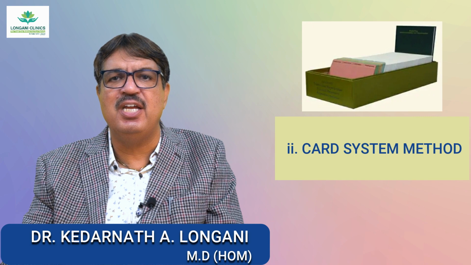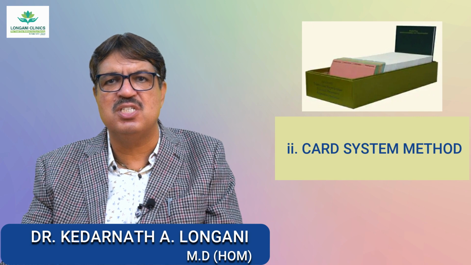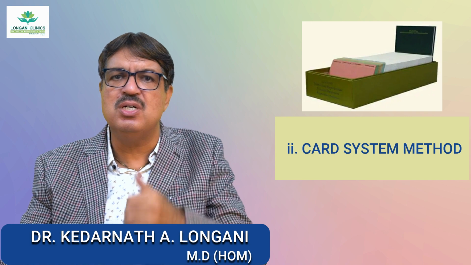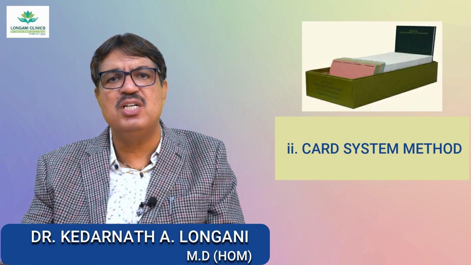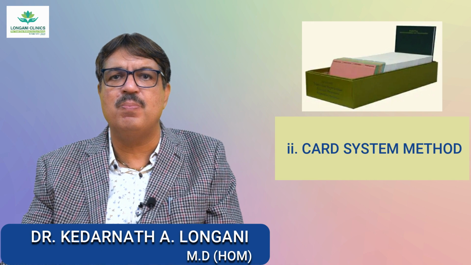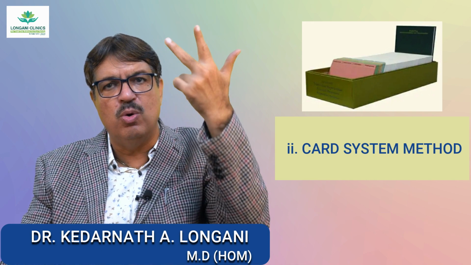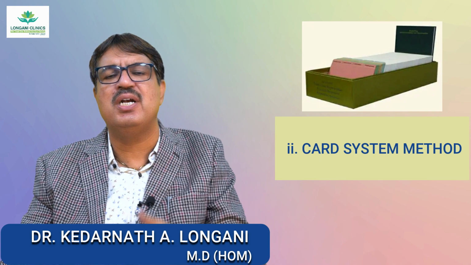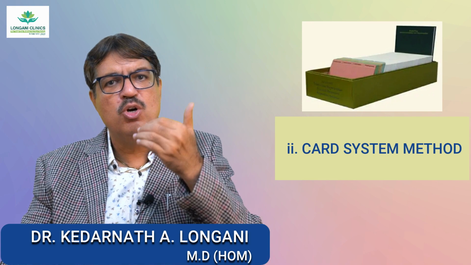In 1888, William Jefferson Gunsey prepared the first card repertory based on Boenninghausen's work. The advantage of this method is that it saves time and labor compared to the other two repertories or methods. This system is outdated on the arrival of computers.